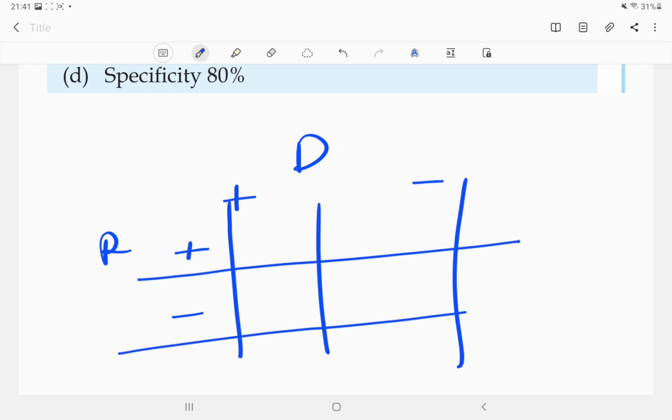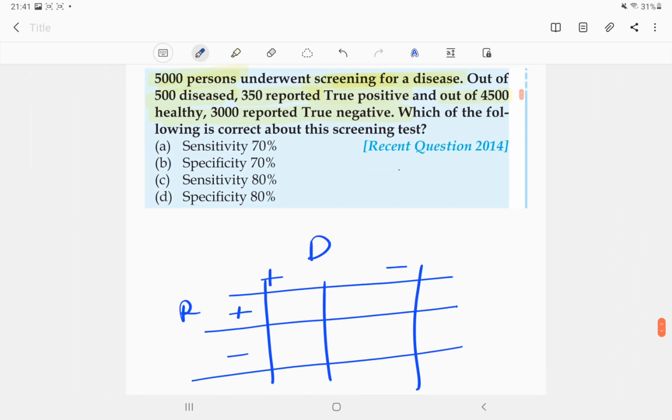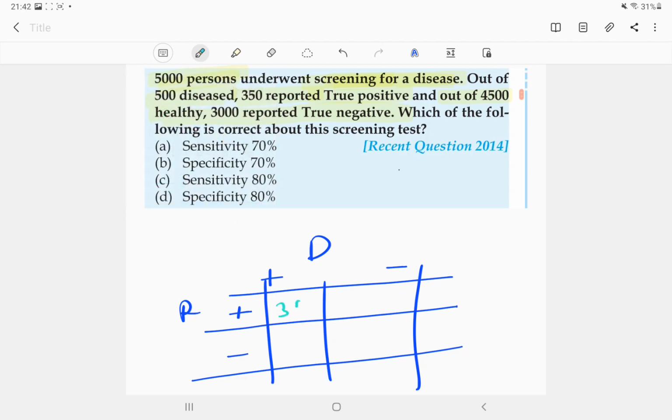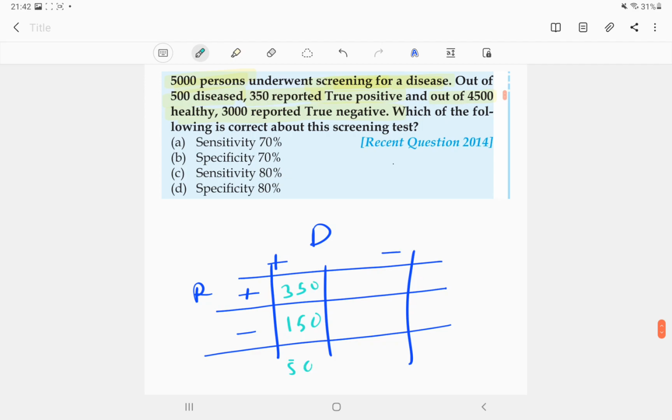It's very simple. So out of the 500 diseased, 350 reported true positive, meaning 350 will come here, right? They were true positives. So how many are left out of 500? 150, right? So total diseased, D positive, is 500, and 500 will come here.